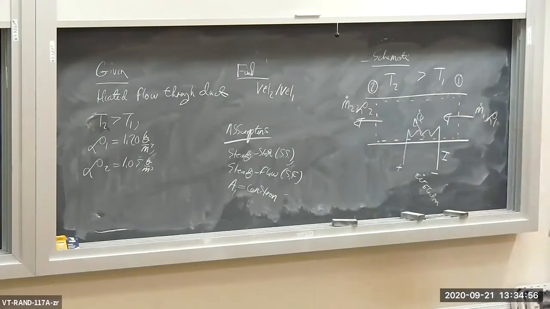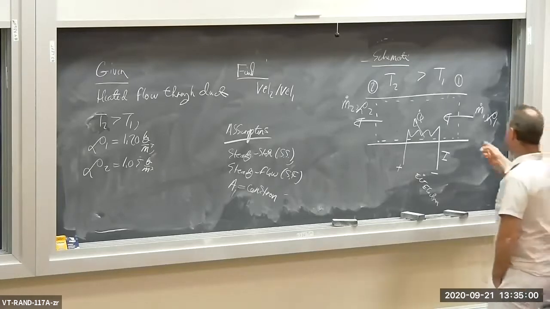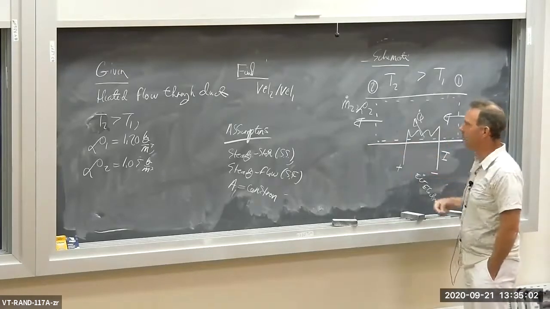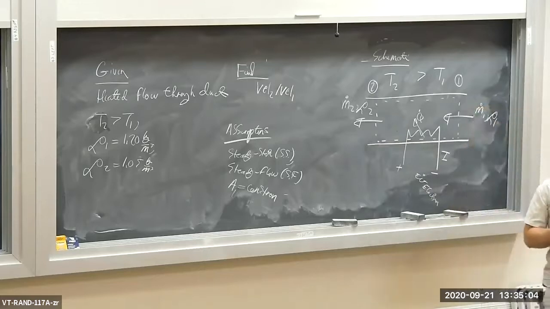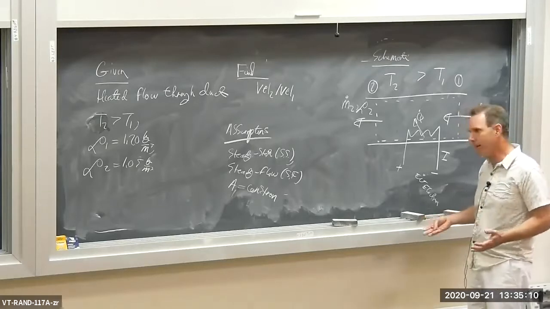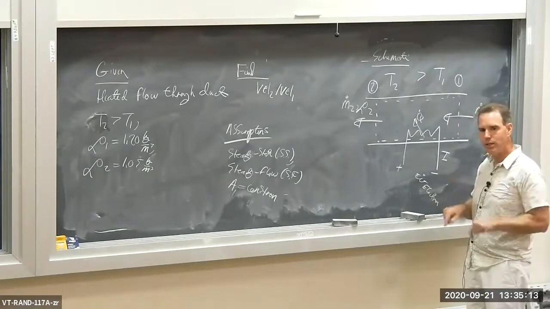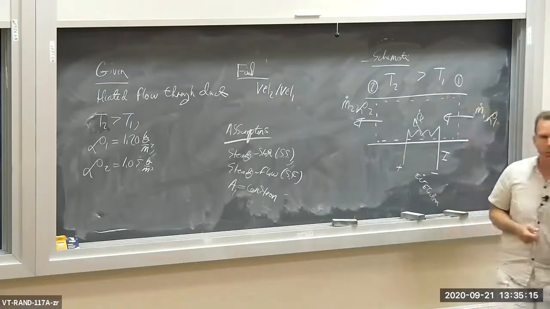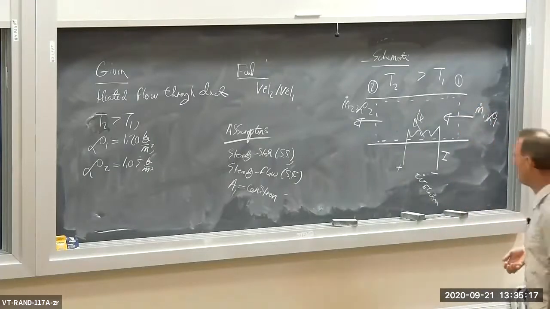Now, if we assume that this is a constant pressure situation, so the pressure at the inlet and the outlet is the same, then we can say that density goes down as we heat the air. As an ideal gas gets heated, density tends to go down. As a gas is cooled, density tends to go up.